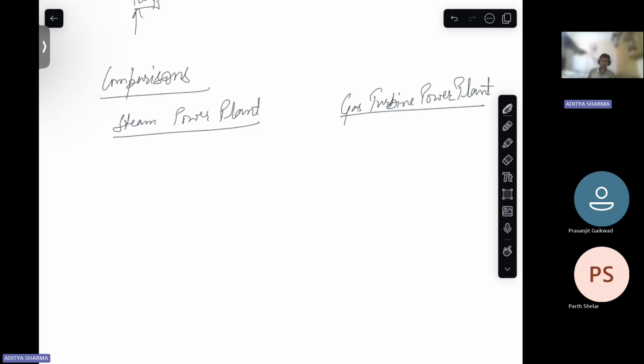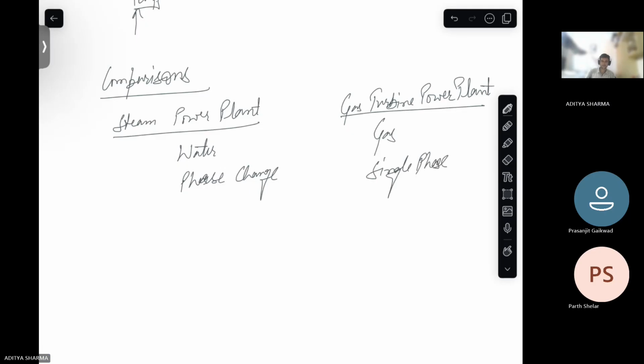Here water is used, here gas is used. Here phase change takes place, here there is only a single phase. This works on the Rankine cycle, this works on the Brayton cycle.